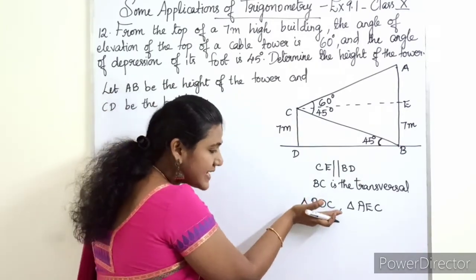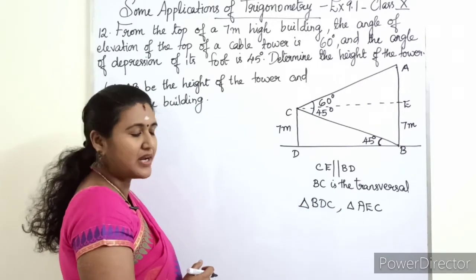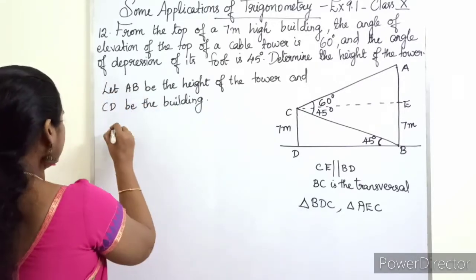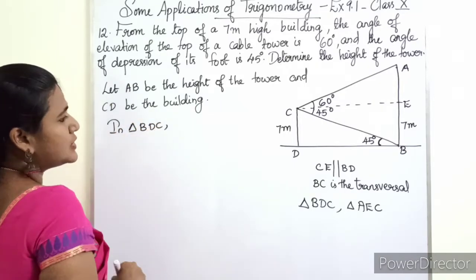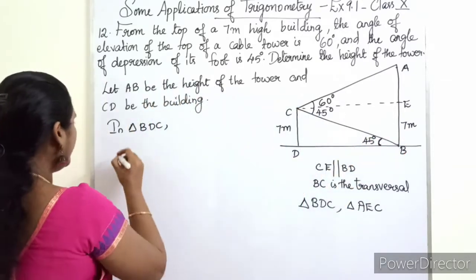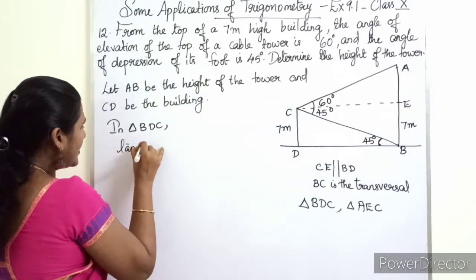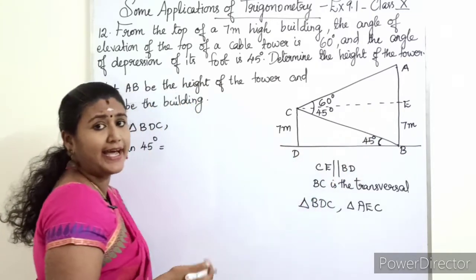First we will consider triangle BDC, and we are going to use a trigonometric ratio. In triangle BDC, we will take the tan ratio. tan 45 degrees is equal to, what is the formula for tan?